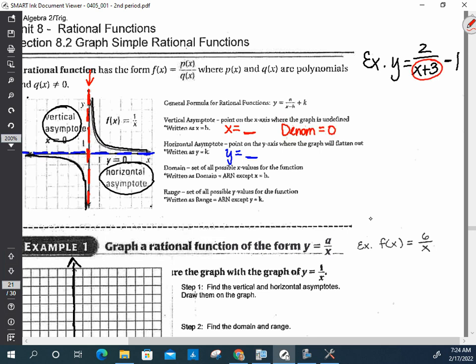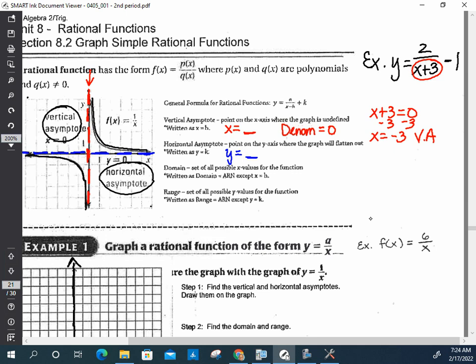So take x plus 3, set it equal to 0, and solve it out. Subtract 3 on both sides, so x equals negative 3. So x equals negative 3 is your vertical asymptote. In other words, you can't plug negative 3 into this problem. Earlier in this unit, we learned something called excluded values. That's the excluded value. You cannot plug in negative 3.